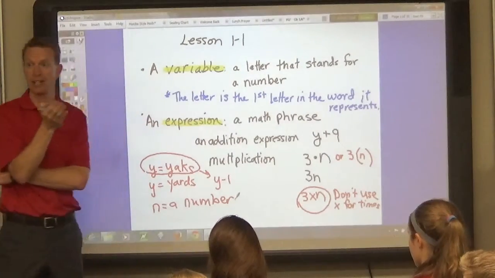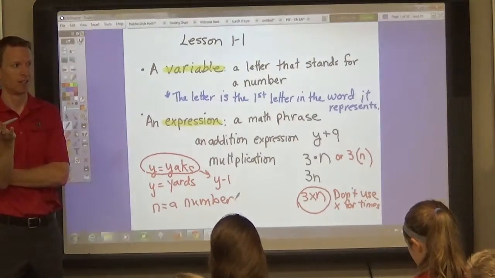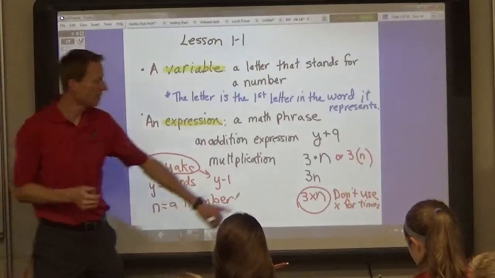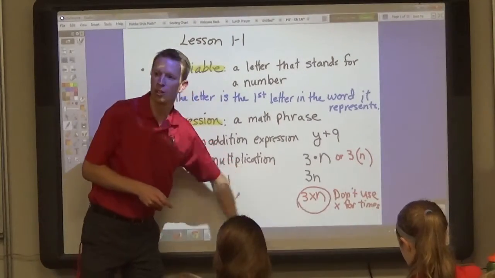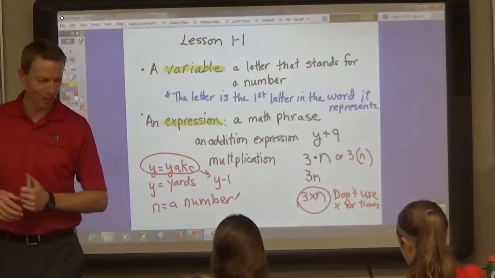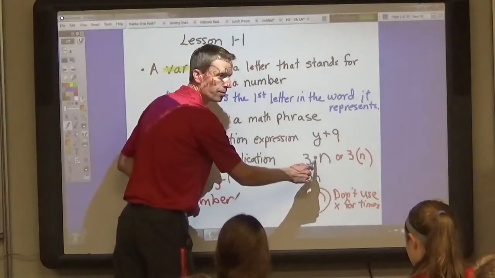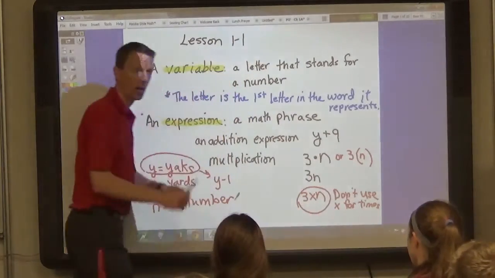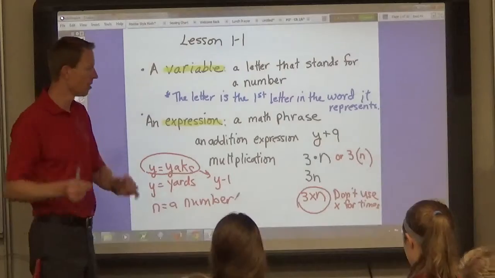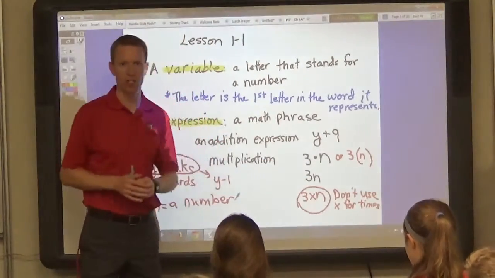Then it looks like 3 times x times n, because the x is a letter. So don't use x when you're expressing multiplication. Use either a dot, or parentheses around one of the numbers or letters, or just put the number and the letter right next to each other.